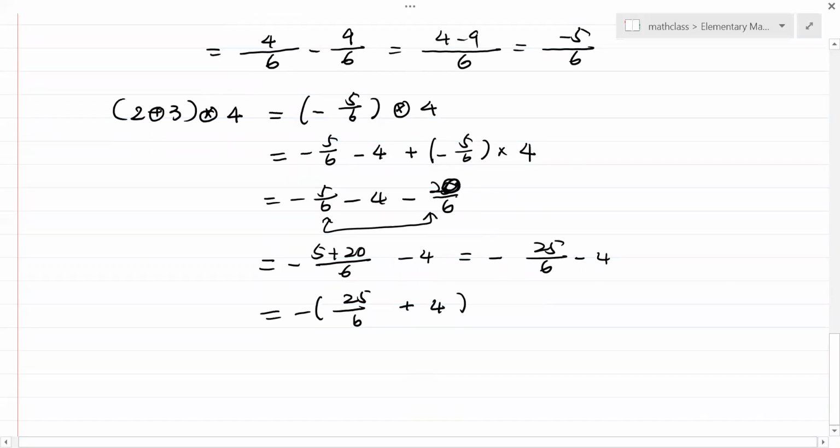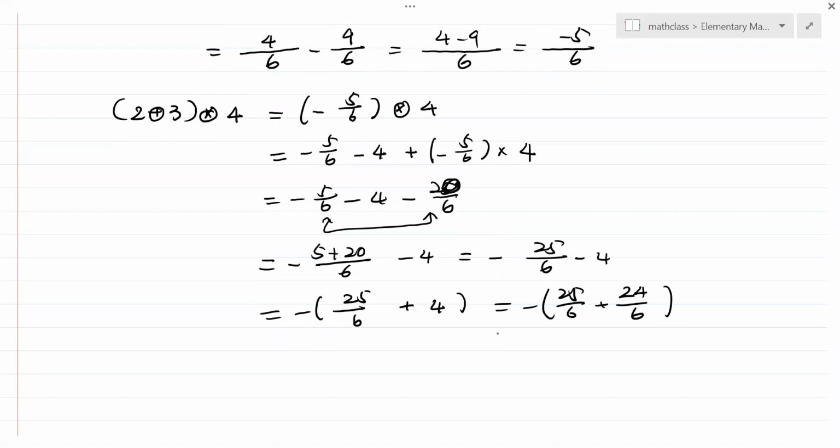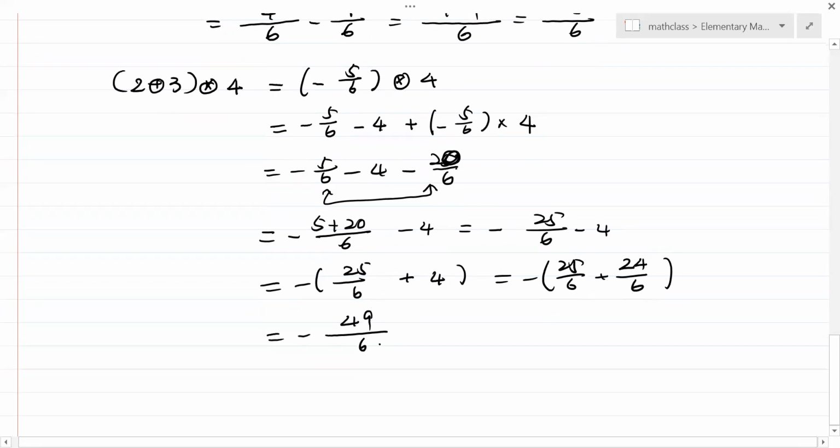It's going to be 24 divided by 6. Now you have a common denominator, so you get 25 plus 24 is 49 over 6. We like proper fractions. Yeah, this is a little bit complicated.